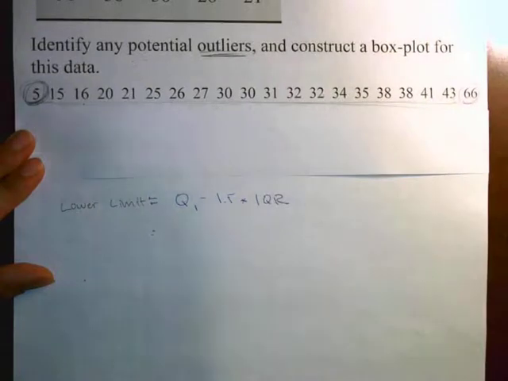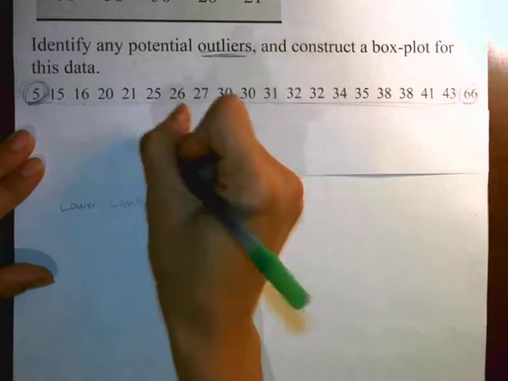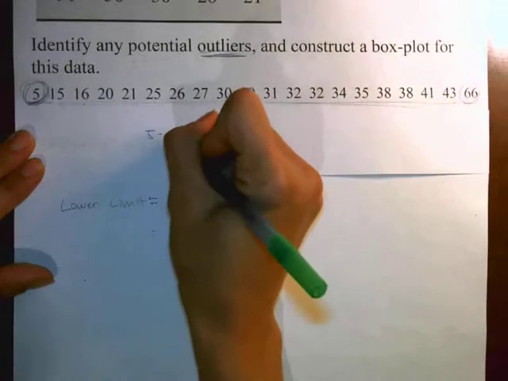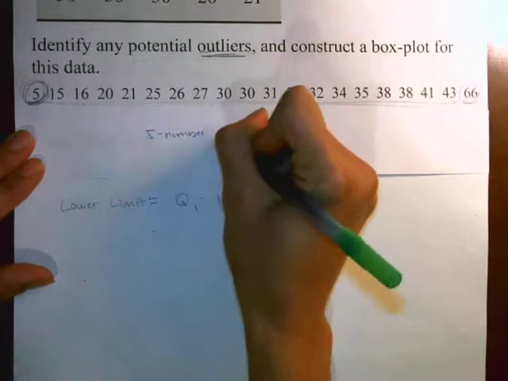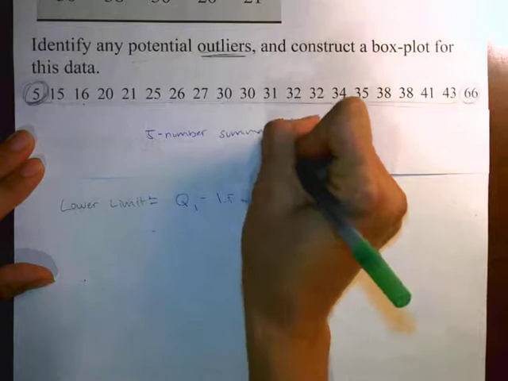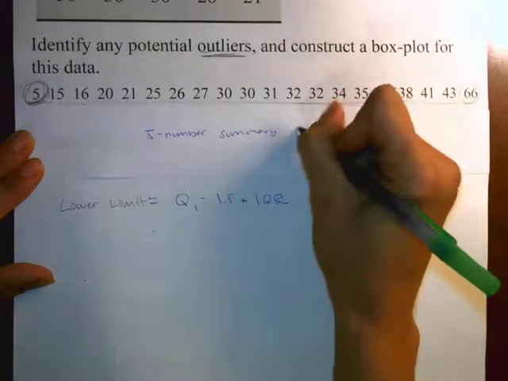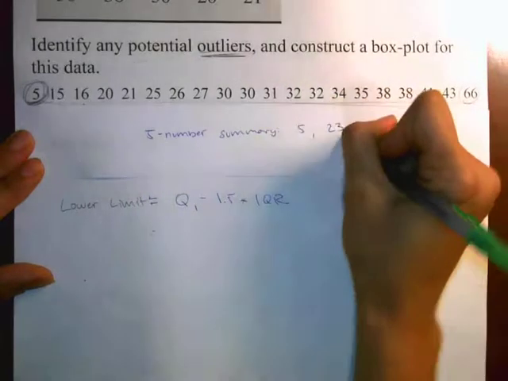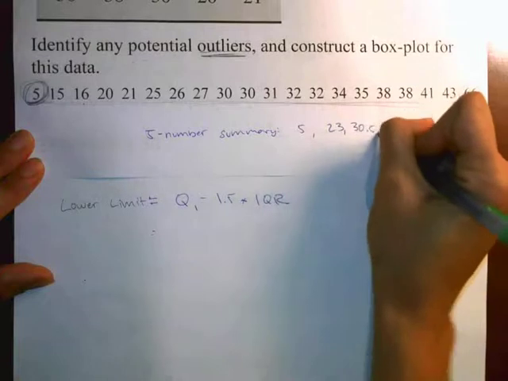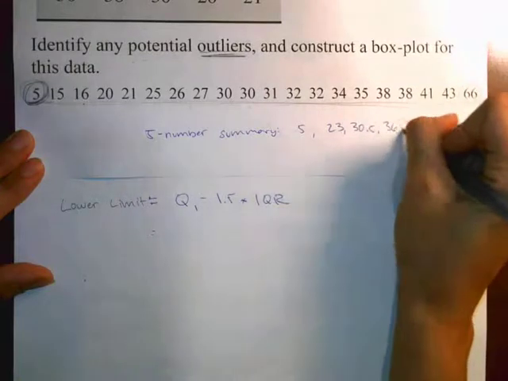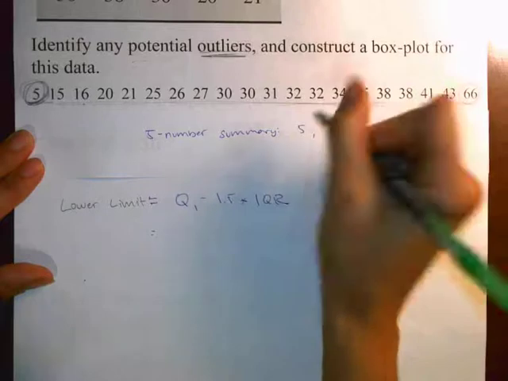So that is my 5-number summary, just to remind you. For this data, we found it to be 5, 23, 30.5, 36.5, and 66.